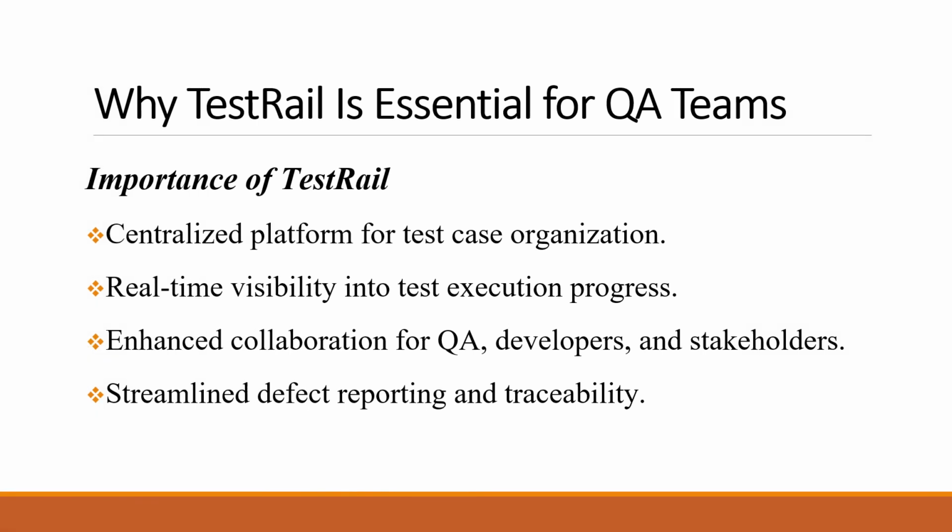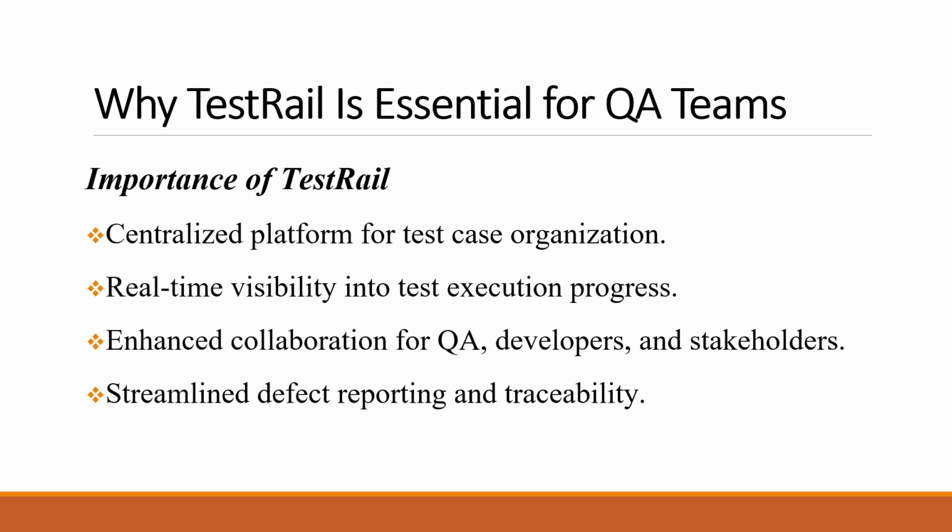It provides a centralized platform for organizing and managing test cases, ensuring that testing activities remain structured and accessible. With real-time visibility, TestRail allows testers, developers, and stakeholders to monitor the progress of test execution through detailed dashboards and reports.